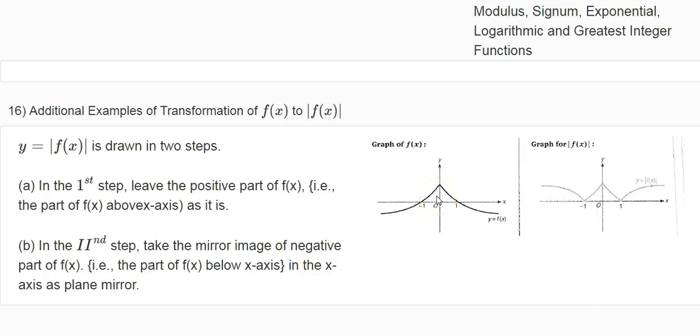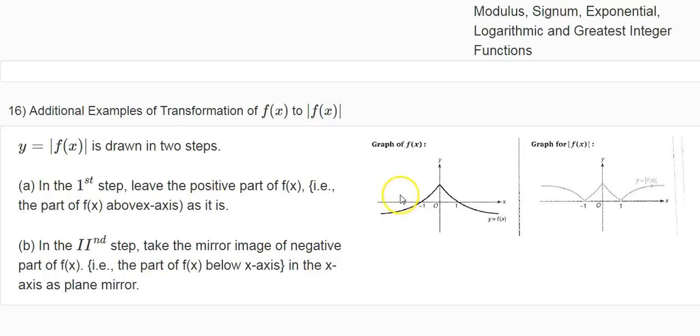That is, the portion below the x-axis has to be ignored because the value of y cannot be negative. So the graph of y has to be above the x-axis. The value of y would be f(x) if f(x) is positive, so this portion remains the same, and when the value of f(x) is negative, the value of y becomes minus f(x).